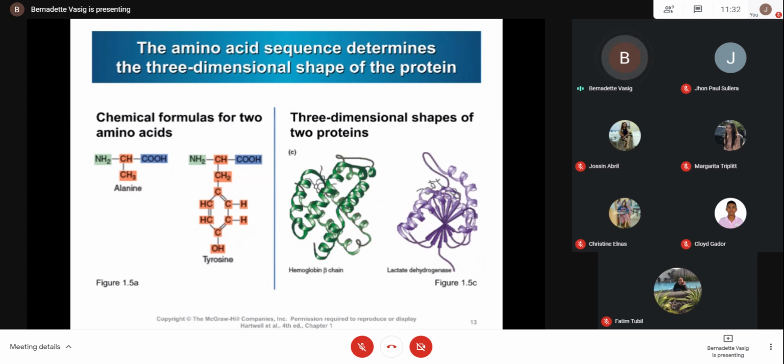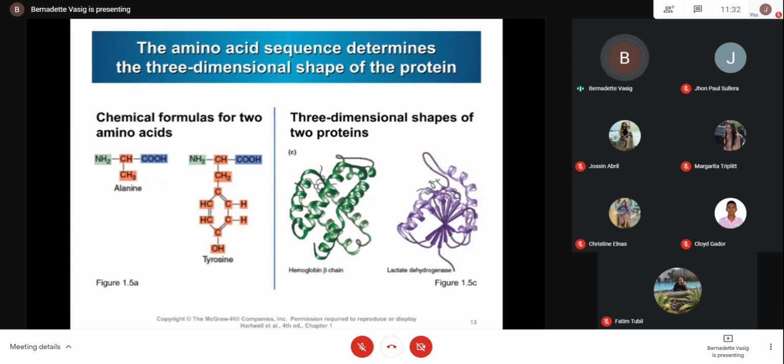Okay. So these proteins assume the three-dimensional shape because of the particular chemical bonds formed between amino acids. So if an amino acid which contains a sulfur binds with another amino acid that contains sulfur, it will form a disulfide bridge.